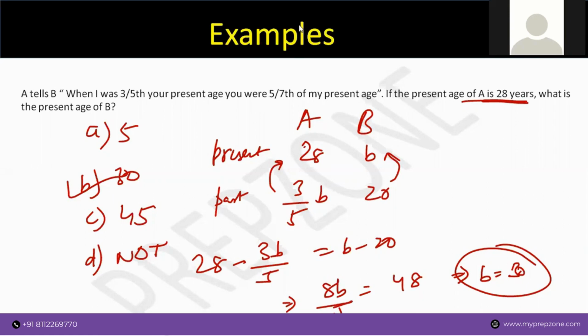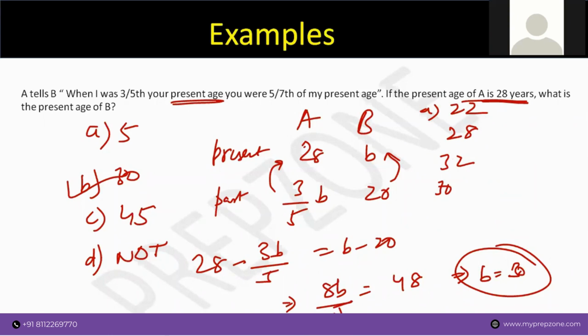Anshika, 32 kaise? See, I mean, clearly it has to be a multiple of 5, right? It is 3 by 5 of B. So it has to be a multiple of 5. So if there are 4 options, say if you have options as 22, 28, 32 and 30, I would not even solve this question.